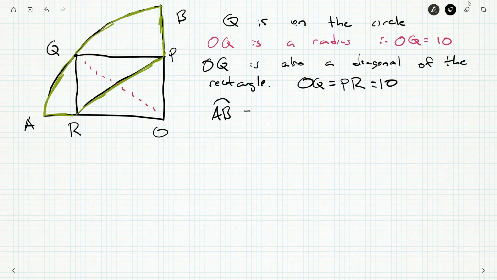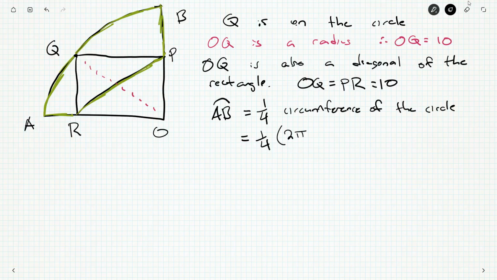That's one quarter of the circumference of the circle. The circle is radius 10. What's the circumference of a circle with radius 10? Circumference is 2 pi r. So 2 pi times 10, so this is 20 pi over 4. We're looking at 5 pi.